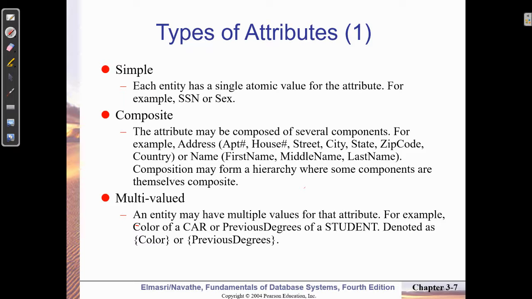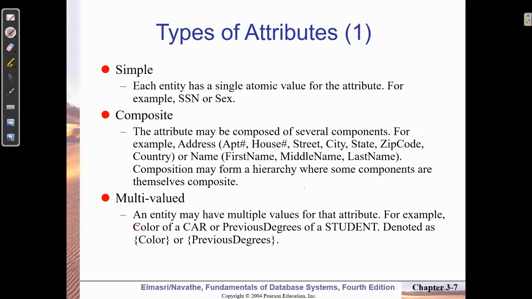An entity may have multiple values for that attribute. So you will say white, black, where black is on the roof and white is on the remaining body. That is called multi-valued.